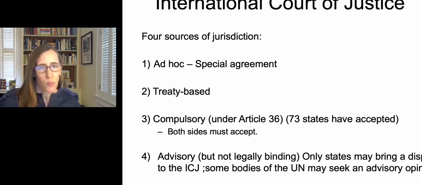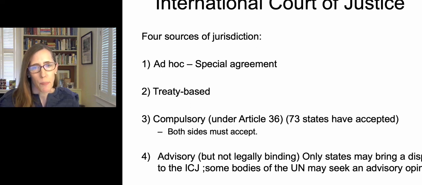So it's rarely the case that both parties to a dispute have agreed in advance, but it does happen. And then the court also has advisory jurisdiction, where it can render decisions that are advisory. As it sounds, it's not binding, but it can help resolve disagreements about the proper understanding of the law.